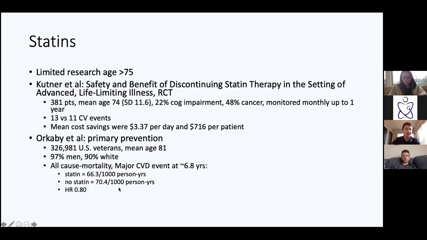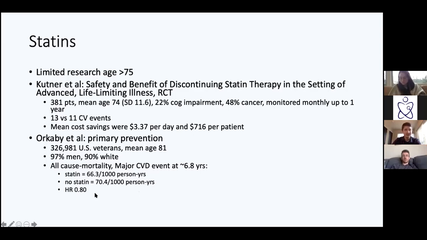There was a large cohort study done at the VA of over 300,000 veterans, average age 81, and they looked at all-cause mortality and major cardiovascular events at 6.8 years. It is important to note that 97% of the study population were men and 90% were white.